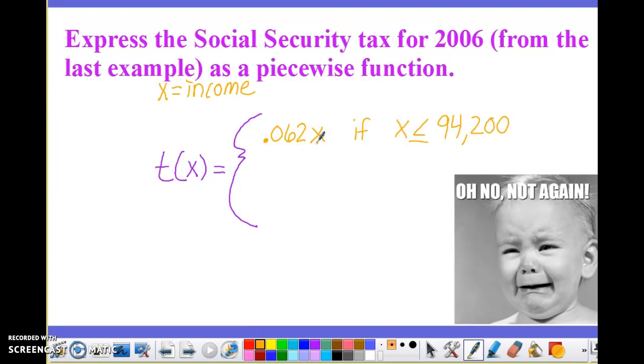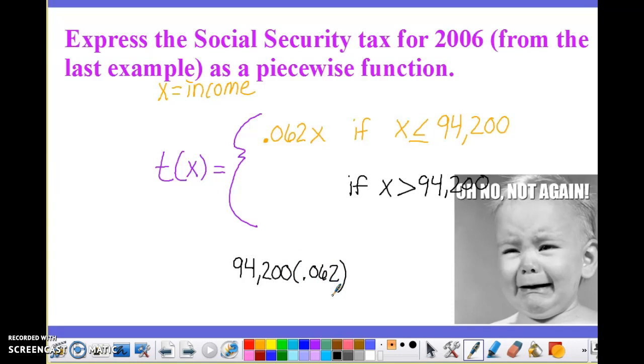However, if my income is greater than 94,200, I don't have to pay Social Security tax on anything higher than that cap. So I know the most I can pay is 94,200 times 0.062, because that's the cap.